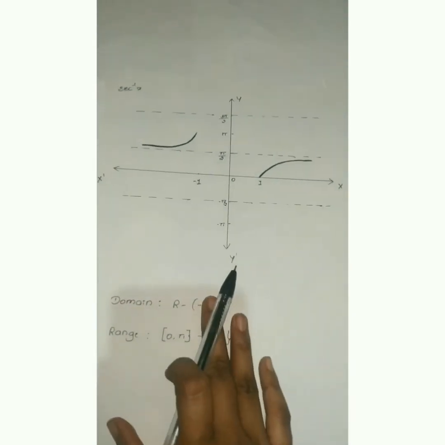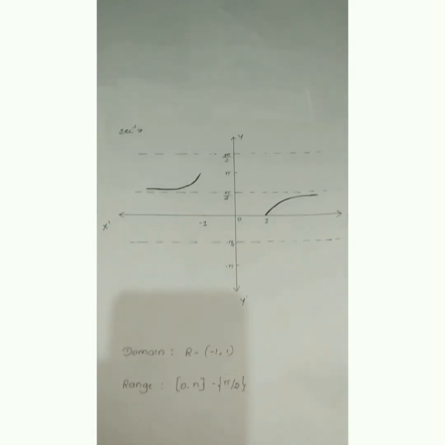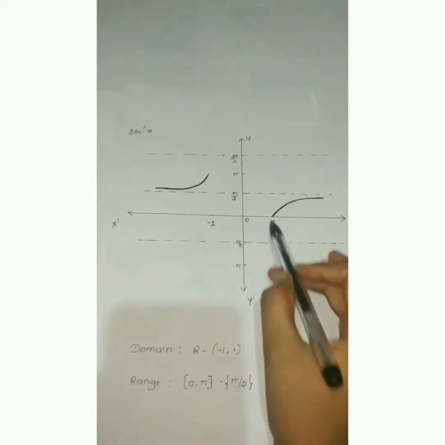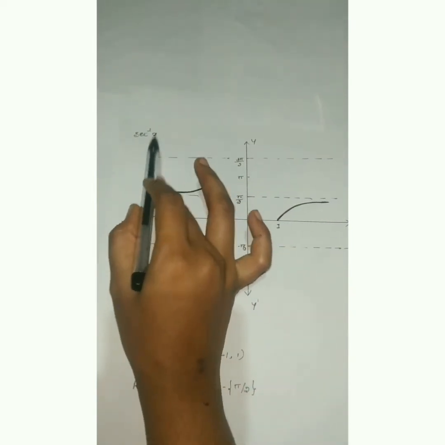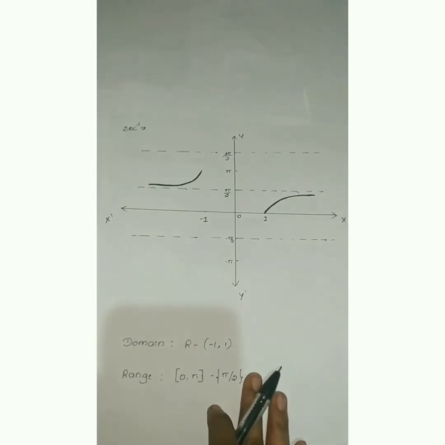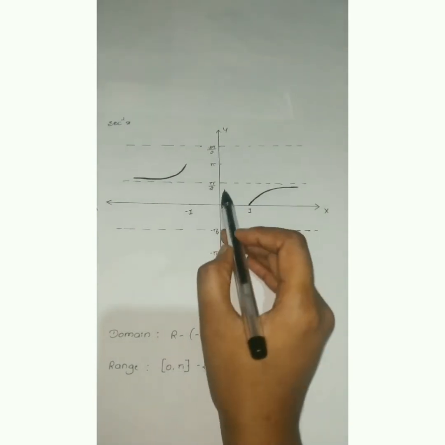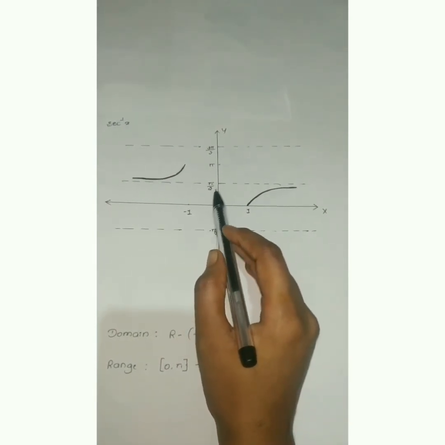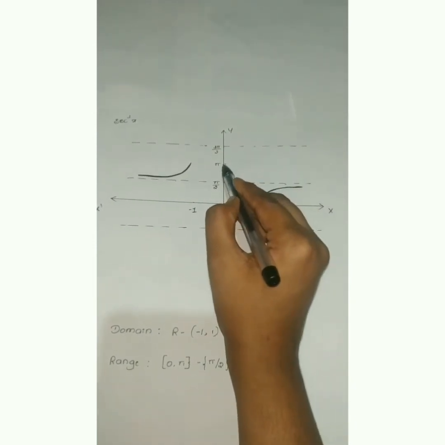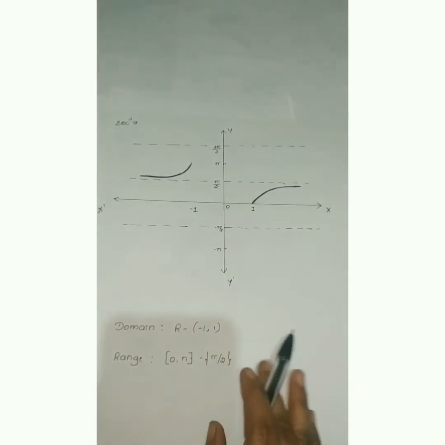And we restrict the domain values in the secant function. So here, secant inverse x, this is the graphical representation of the secant inverse function when we restrict the domain values in the secant function. The interval is 0 to pi, including 0 and pi, except the pi by 2 value.